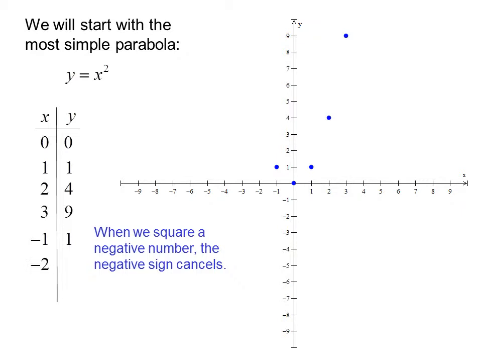When x is negative 2, negative 2 squared is positive 4, so we have a dot at negative 2, 4. If x is negative 3, negative 3 squared is 9. So we have a dot at negative 3, 9.